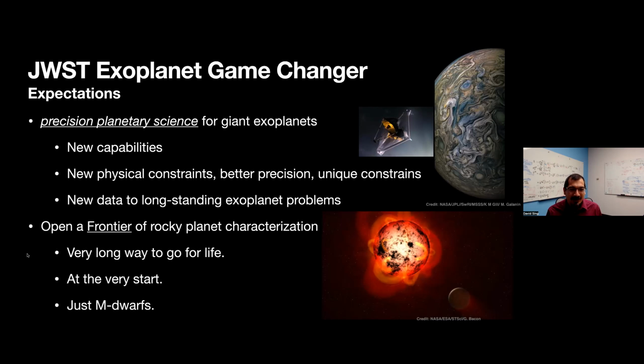And of course, we have a very long way to go. But with JWST, we are at the very start, at least for some categories of terrestrial planets, and those are, of course, the ones around M dwarfs. So small planets around small stars. So we hope to show you today some of the data from JWST in these two fields.